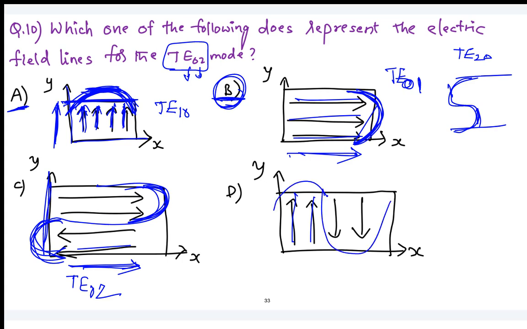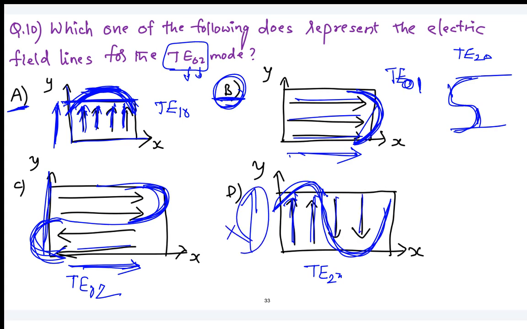First, based on the arrows, you draw the wave. The wave is observed when you are moving along the X direction here. In this case, it is an example of TE20, because when you are moving along the Y direction, whenever you are moving parallel, there is no variation.